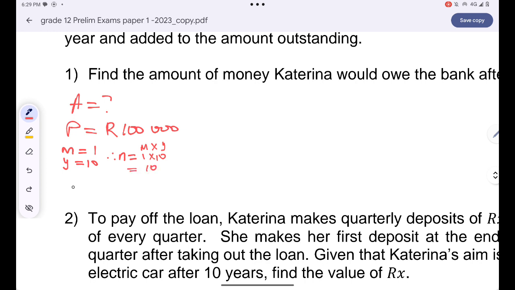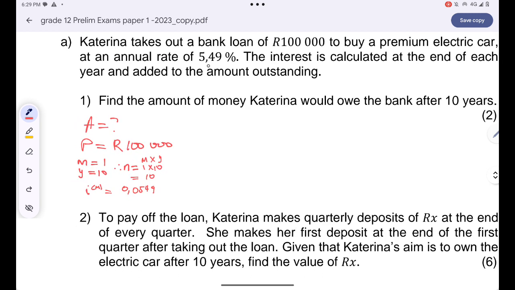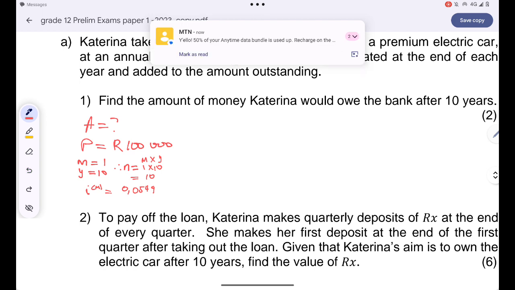And then my nominal interest is 0.0549 divided by 1. We don't have to divide by 1, right? Because division by 1 does not change anything. Just take this interest rate and divide it by 100. After dividing it by 100, please divide it by the number of compoundings. My number of compoundings is just 1, so I don't have to divide by 1.